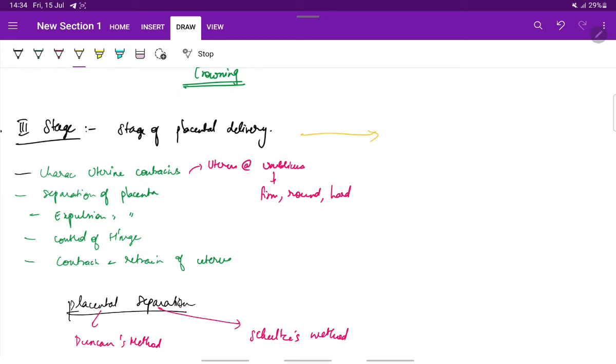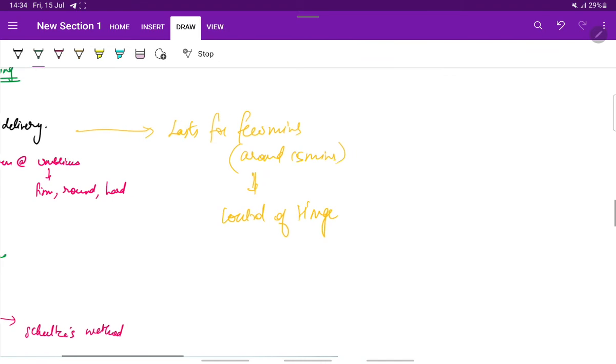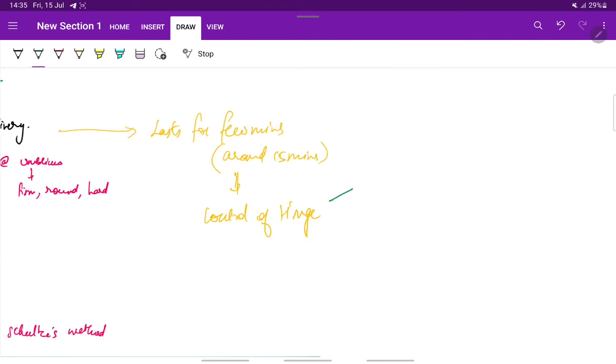This third stage of labor lasts for a few minutes, around 15 minutes on average, and in this stage there will be control of hemorrhage by certain natural mechanisms, like the contraction and retraction of the uterus, because of which the middle crisscross layer of muscles act as living ligatures and thereby constrict the vessels.